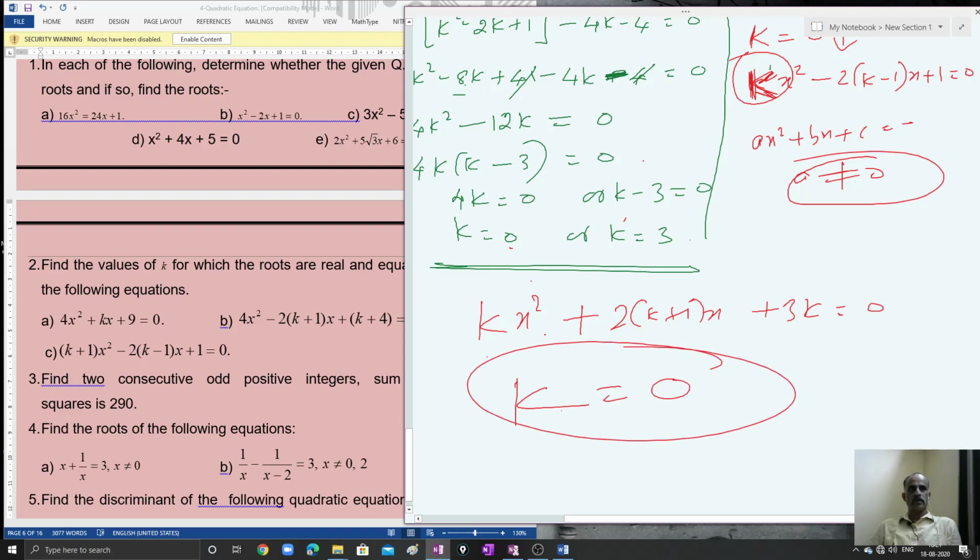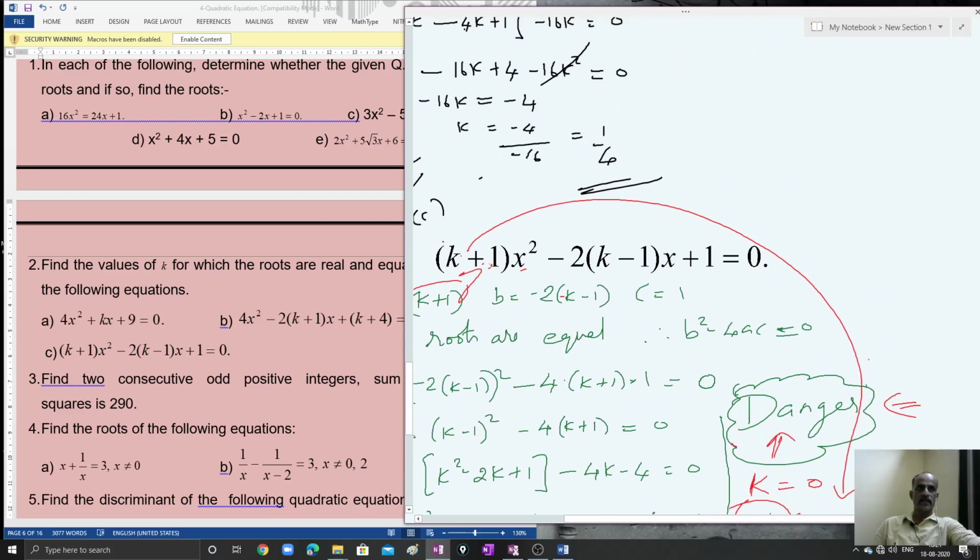Be careful, the coefficient of x square cannot be 0. In this case, k can be 0, because when you put k is equal to 0 here, it doesn't matter at all. Why? Because plus 1 is there, this part will be 1x square, so there is no issue.